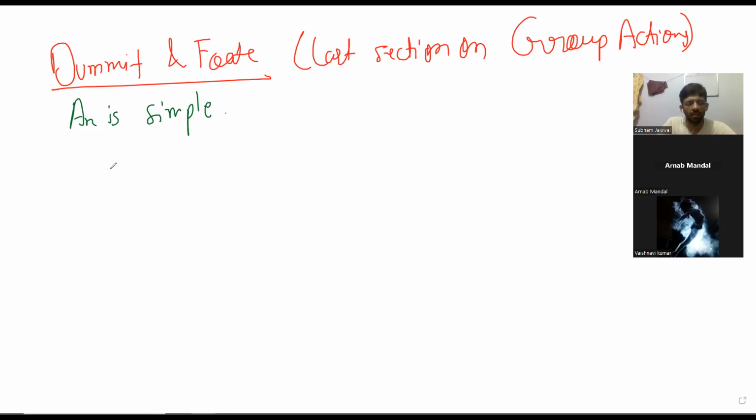In the beginning, what I said was slightly wrong. I take that back. A_n is simple means it has no normal subgroups. What does it mean?